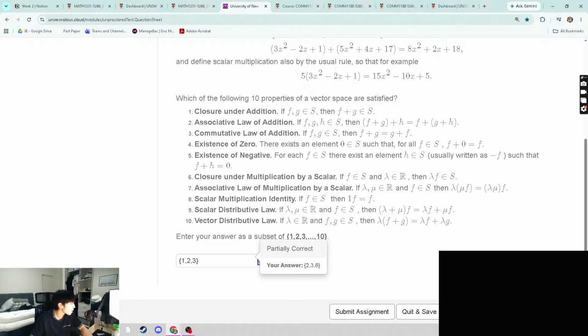Okay, and then the 8 still works. One times f is still f. So 7, 9, 10.